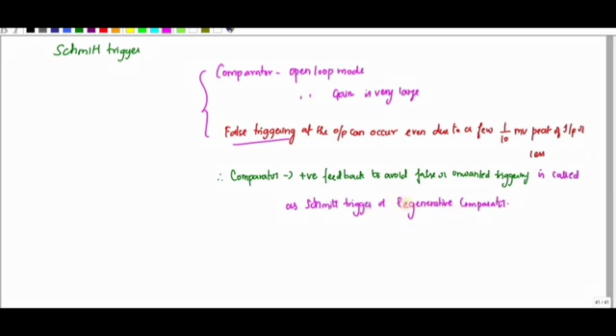In order to avoid that, we use positive feedback, called a regenerative comparator or Schmitt trigger. In a Schmitt trigger, the beta A_OL value is equal to 1, and therefore A_VF becomes infinite, but it is not so in the practical case.